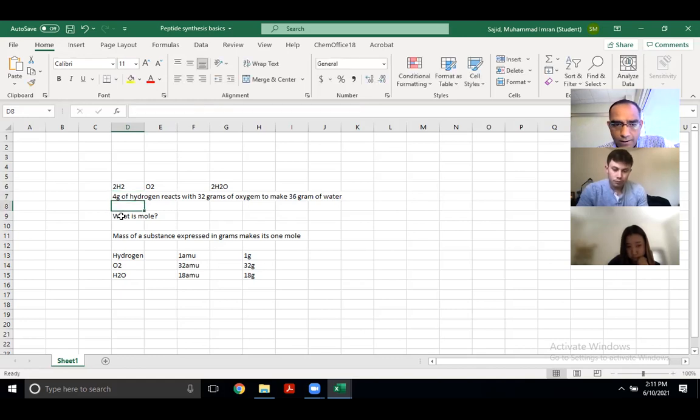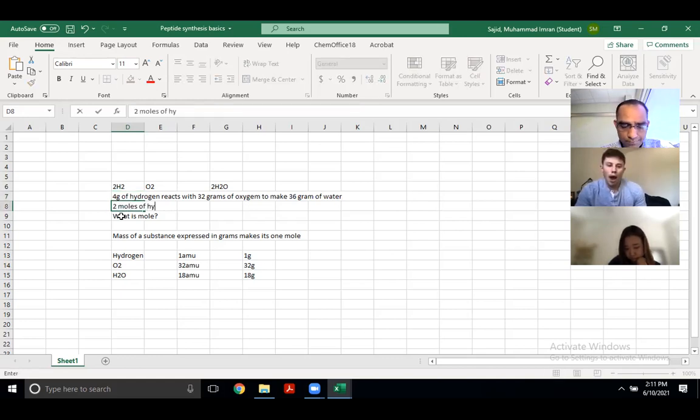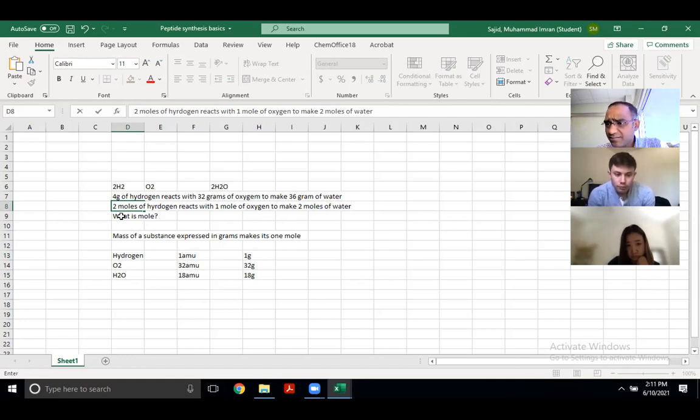And I can also write it this way: 2 moles of hydrogen reacts with 1 mole of oxygen to make 2 moles of water. Does it make sense?